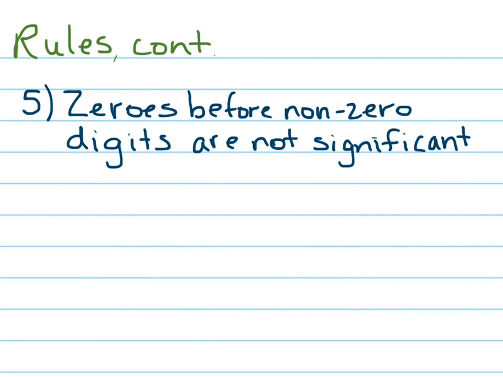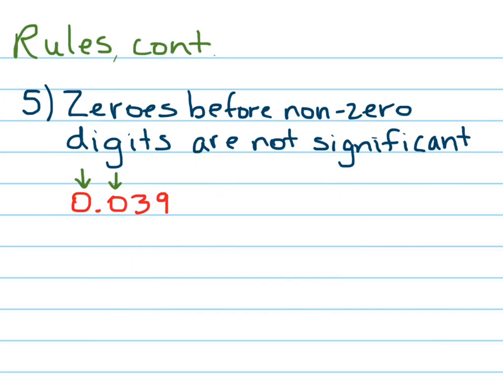The last rule is that zeros before non-zero digits are not significant. Here's an example, 0.039. The two zeros in this example are before non-zero digits. We do not consider these to be significant figures. They are important to the number because they let us know that the first significant figure, the 3, is in the hundredths place by putting those zeros in place.